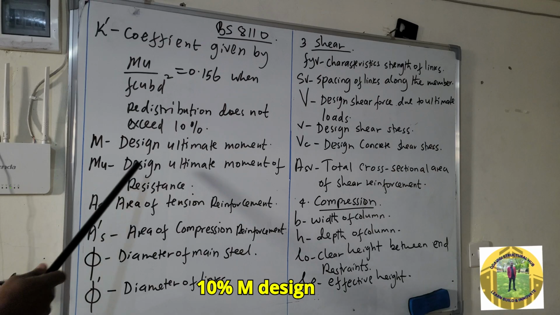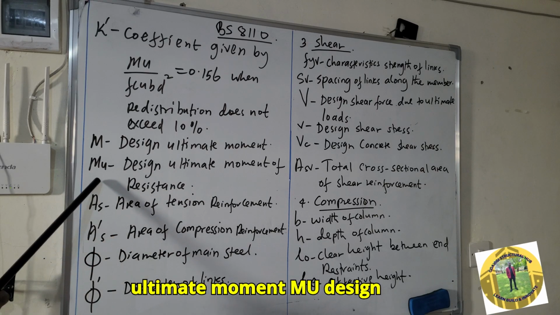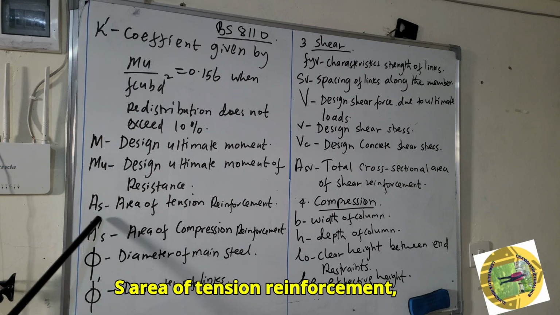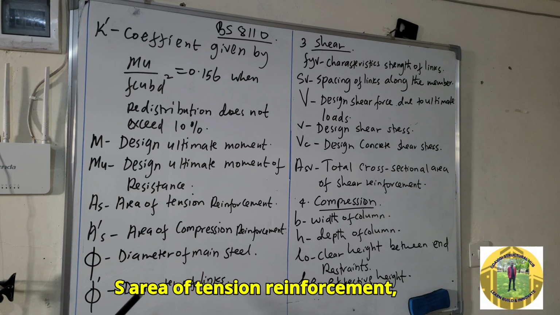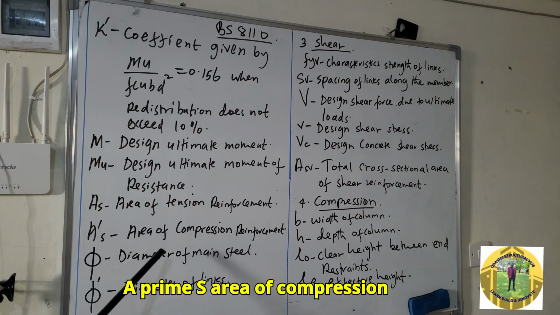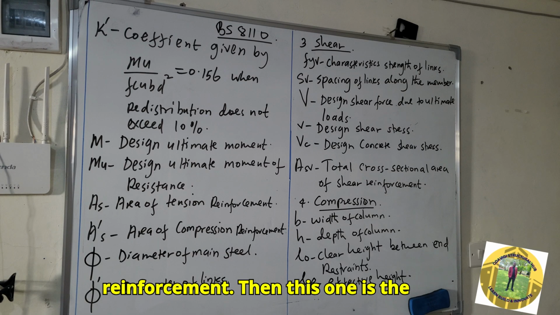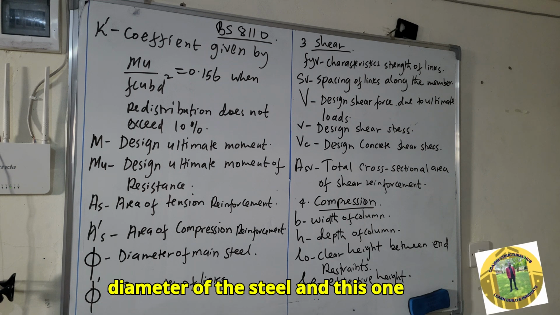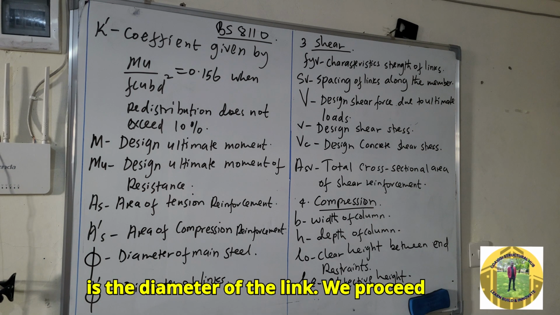M, design ultimate moment. Mu, design ultimate moment of resistance. As, area of tension reinforcement. A prime s, area of compression reinforcement. Then this one is the diameter of the steel, and this one is the diameter of the link.